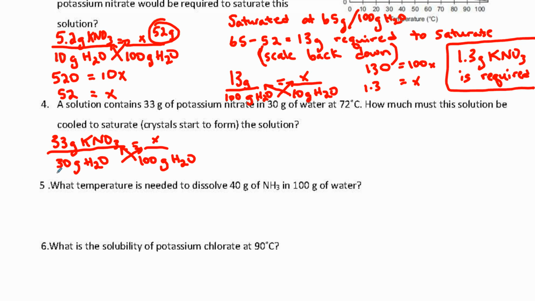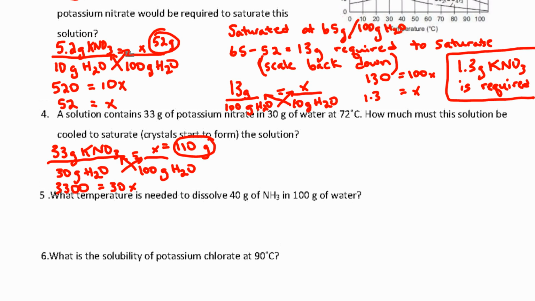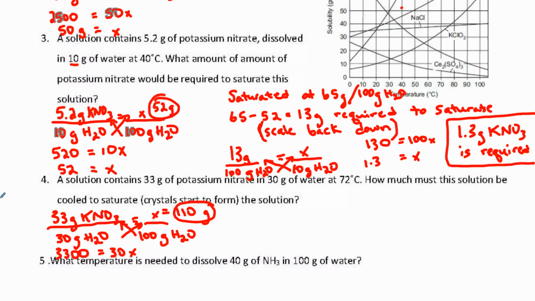So this would become 3,300 equals 30x. If you divide both sides by 30, x would equal 110 grams. That's what we're going to be dealing with when we look at the chart. So 110 grams is the equivalent amount if we had 100 grams of water.